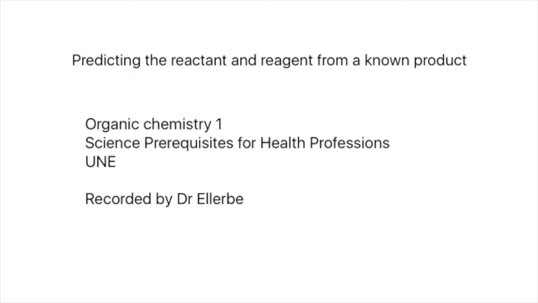In this video, we're going to examine how to approach a problem that is a predict the reactant or reagent type of problem. A similar problem is 3.42 in your text.